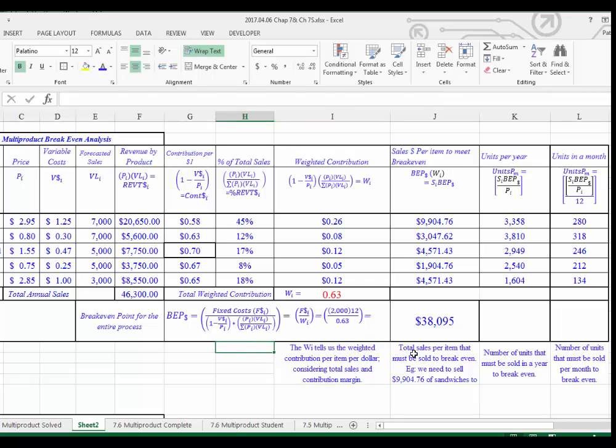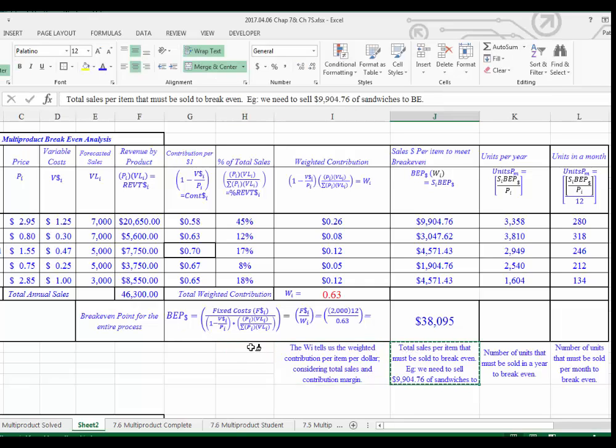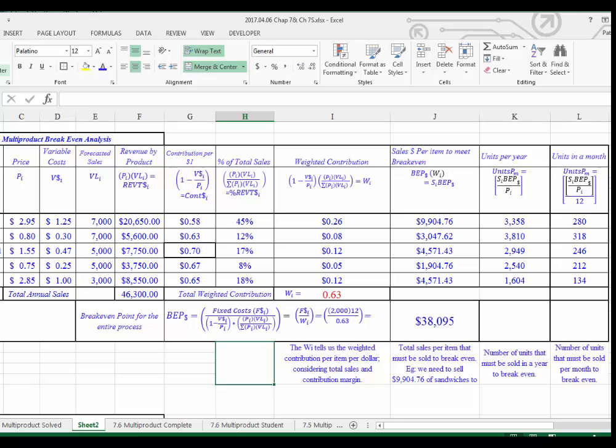This here tells us the percent of the total sales in this item.